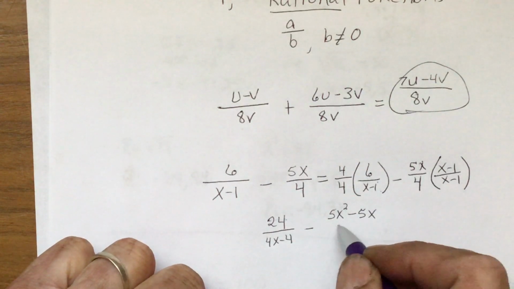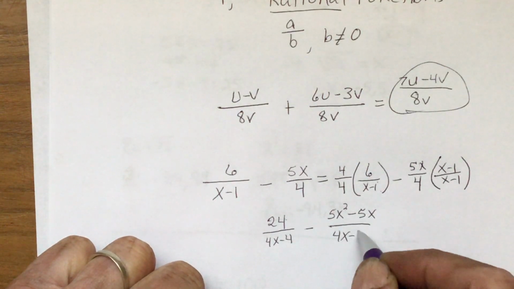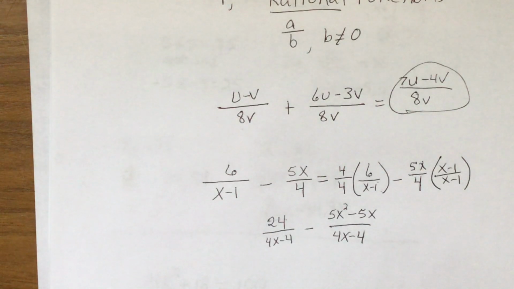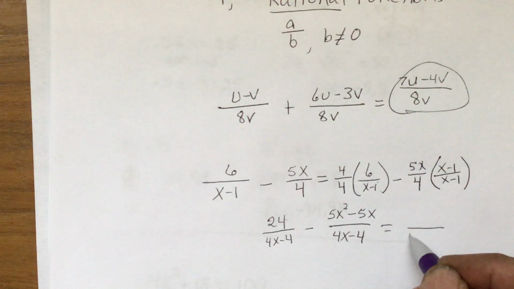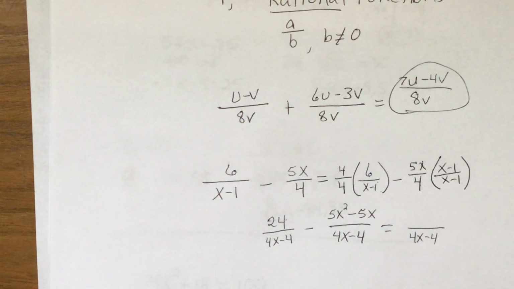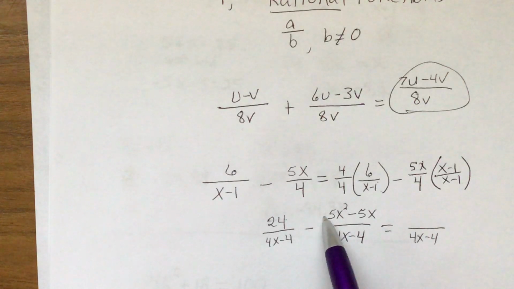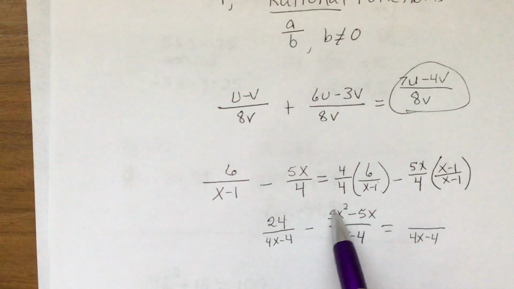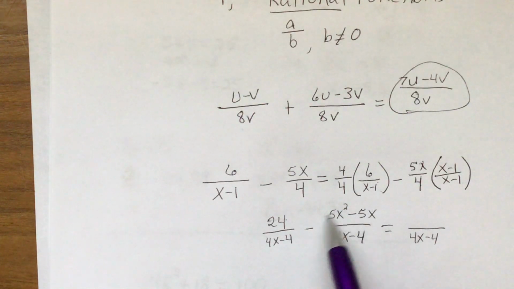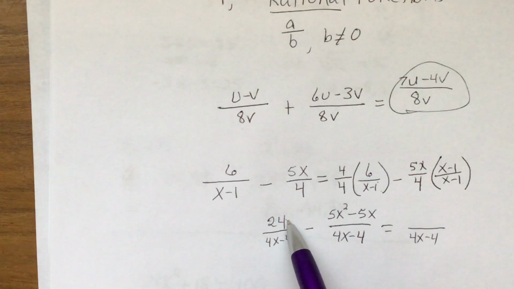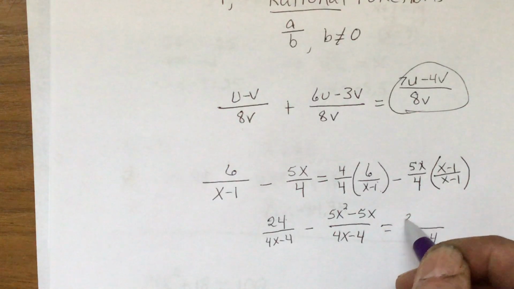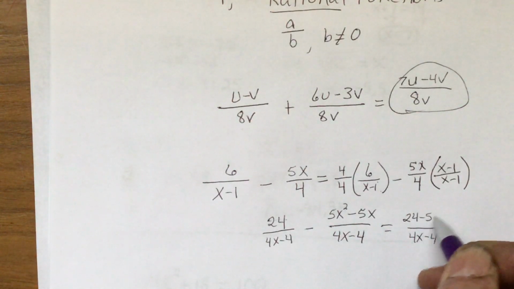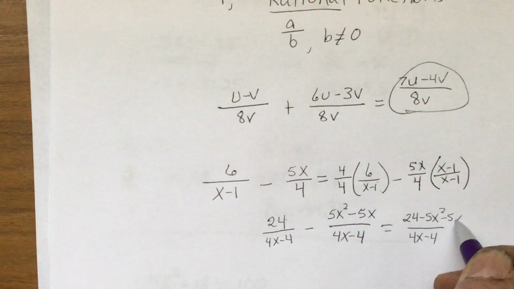And then again on the bottom, we know that we're going to have 4x minus 4. That's the easy part. So now it's 24, take away all of this. There are no constants in this numerator, so there's nothing for us to take away from the 24, so it's going to stay in the answer. So this will reduce to 24 minus 5x squared minus 5x.